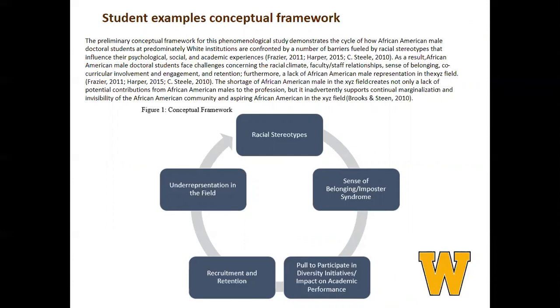So this particular student created a visualization of this framework that is in a circular frame showing that this is a cycle that tends to continue. This was pulled from the literature and used as a framing for what they were going to do in their interviews with African American male doctoral students.